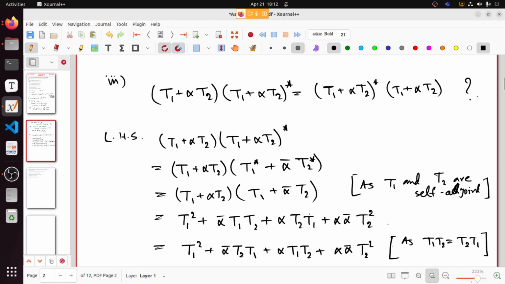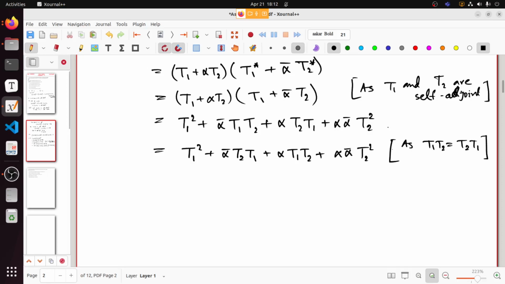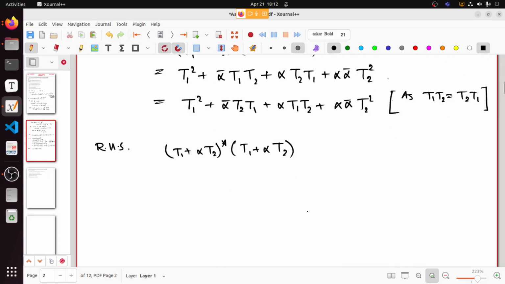So this we got from the left hand side. Now calculate the right hand side. So RHS is T1 plus alpha T2 star into T1 plus alpha T2.